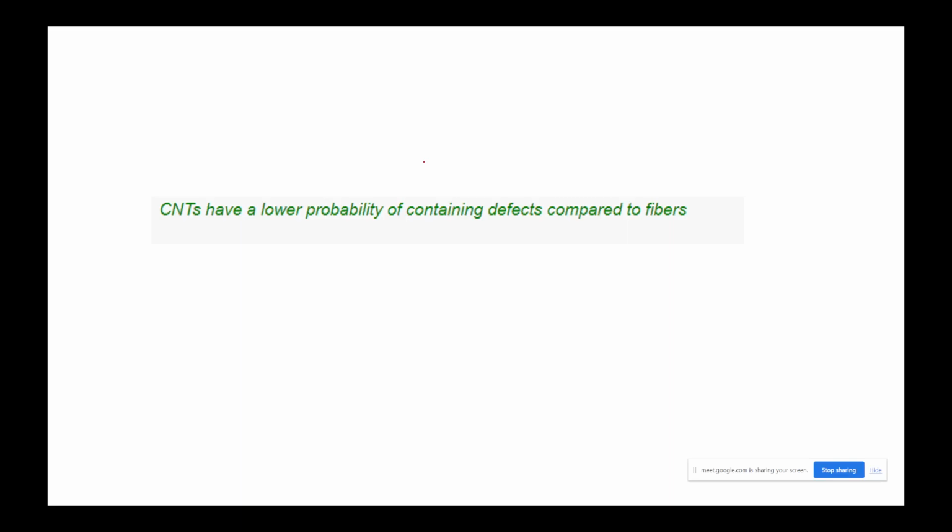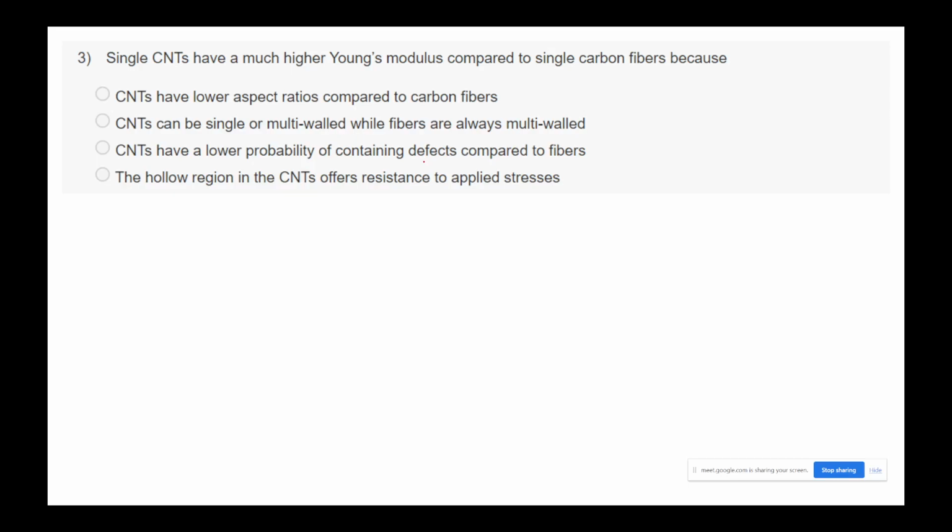Basically, in the fiber there is more probability of containing defects, but CNTs are nearly defect-free. That's why its Young modulus is higher. Okay, so that's why this is the right answer.